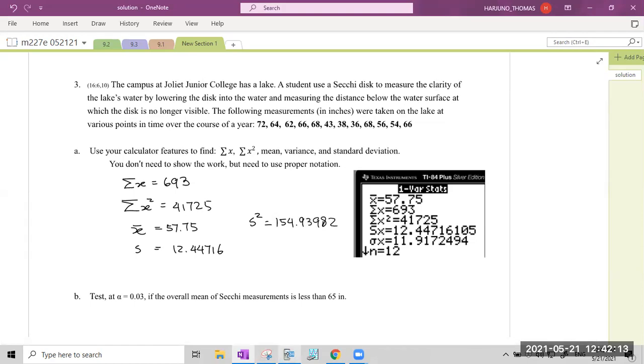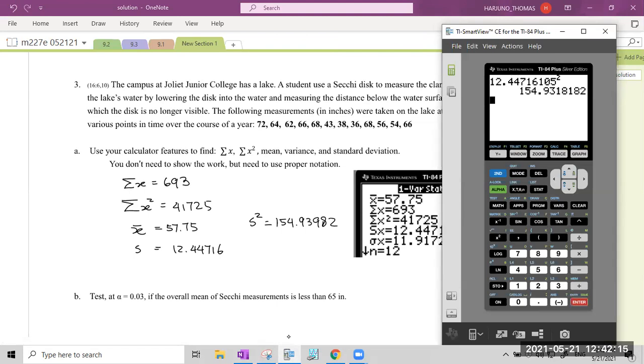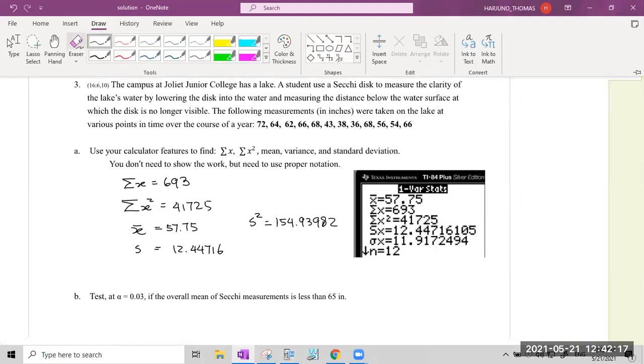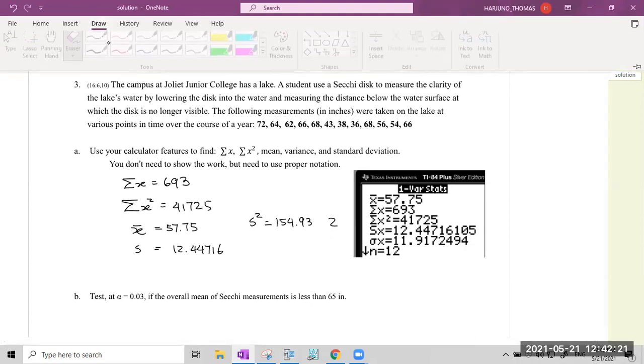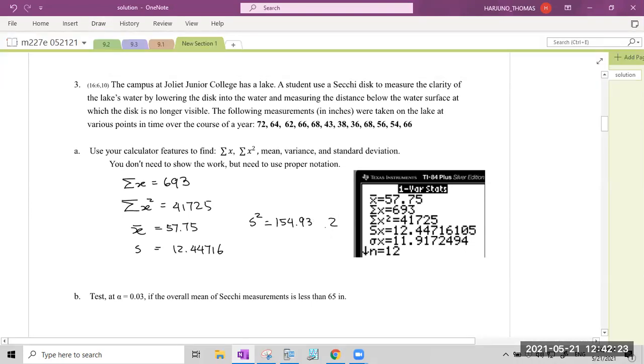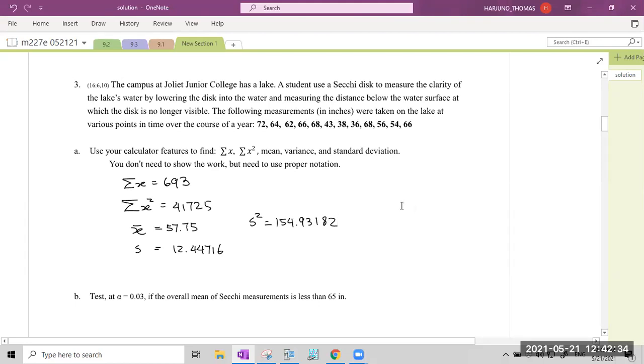Is it right? 93182. Okay, I used this earlier so that I don't need to go back and forth on the calculator.